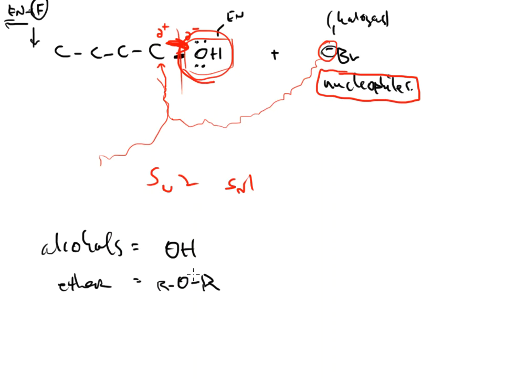I don't really care what it is. That's why we just write R for random. But you see the similarities there, right? Alcohol is attached to an alkyl group, like a carbon, and it has an OH. And ether is attached to an alkyl group, like a carbon, but instead of an OH, it has an OR. The oxygen is somewhat sandwiched in between two carbons at least.